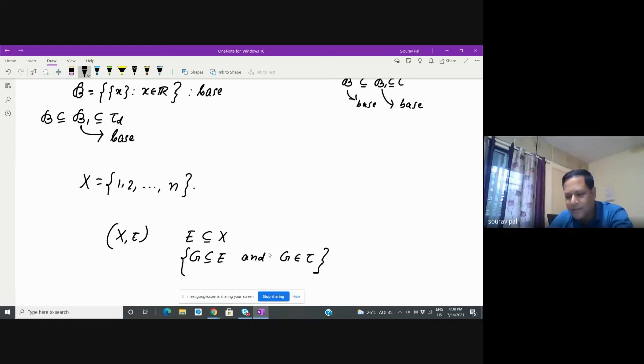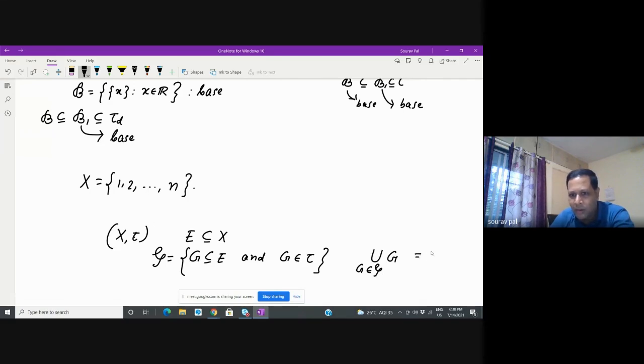Yeah, the thing is that the interior is defined in terms of the union of all open sets, and that is logically valid. As I said, if you have this collection, call it script G, I am taking the union of all G, where G comes from this collection.